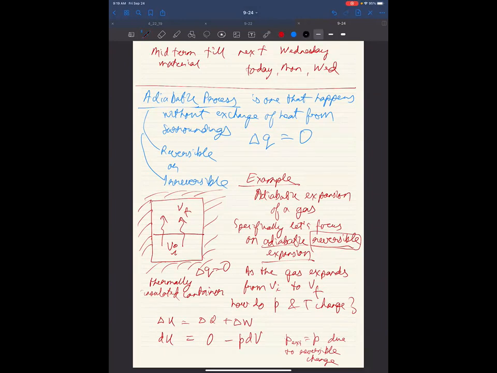Let's go to the next page and write down our equation. So we have so far dU is equal to minus P dV for adiabatic reversible expansion/compression.